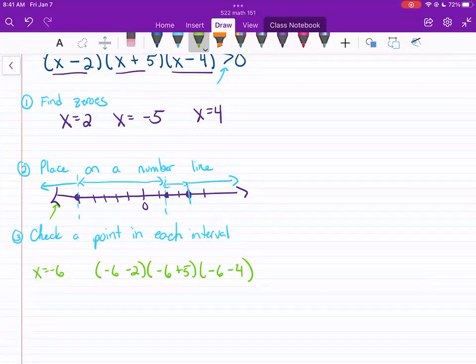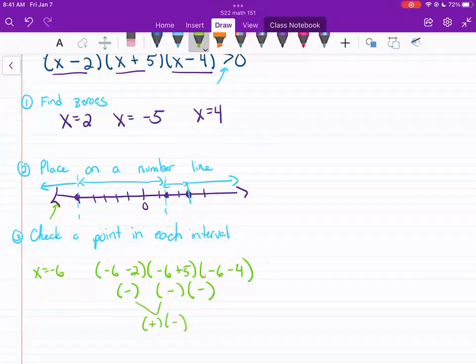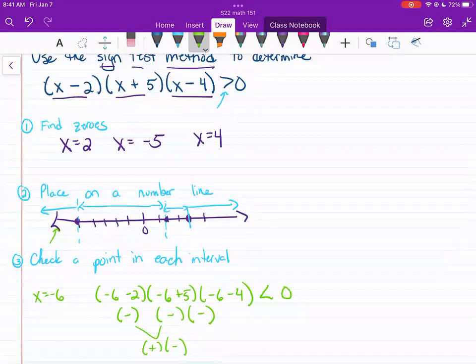So here, when I plug in -6, this value becomes negative, this value becomes negative, and this value becomes negative. A negative times a negative is a positive, but then another negative results in this entire thing being less than 0. So this interval would not fall into this inequality because it is greater than 0.